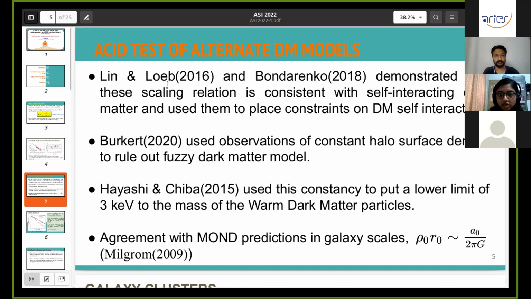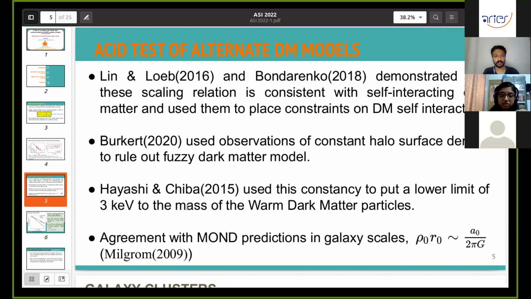Lin, Loeb, and Bonaca demonstrated that the scaling relation is consistent with self-interacting dark matter, and it can be used to place constraints on dark matter self-interactions. Similarly, Burkert in 2020 used observations of constant halo surface density to rule out the fuzzy dark matter model.